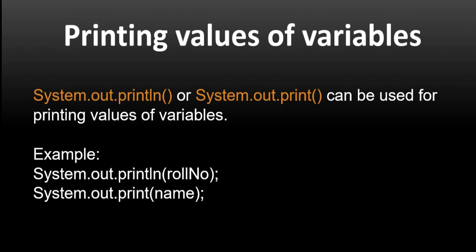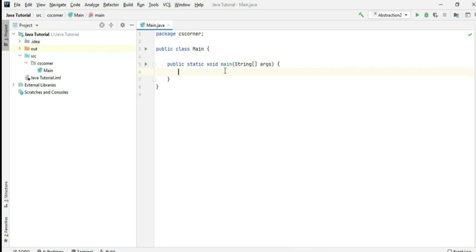Let me open IntelliJ and show how to use variables in Java. Okay, so now I have opened IntelliJ and I have created one program. I have shown how to create a program using IntelliJ IDEA, so if you don't know how to use IntelliJ IDEA, you can see that video. Now I'm going to quickly declare a variable over here: int roll number semicolon.